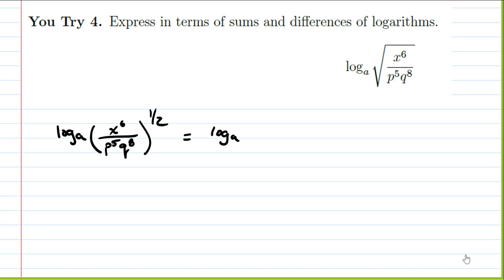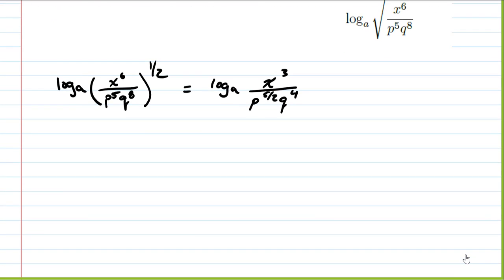It doesn't really matter. So if we multiply each of the exponents by 1/2, 6 times 1/2 gives me x to the 3rd. 5 times 1/2 gives me p to the 5/2, and 1/2 times 8 gives me q to the 4th. So now I have a product and quotient rule. P and q are both in the denominator, and the x is in the numerator.